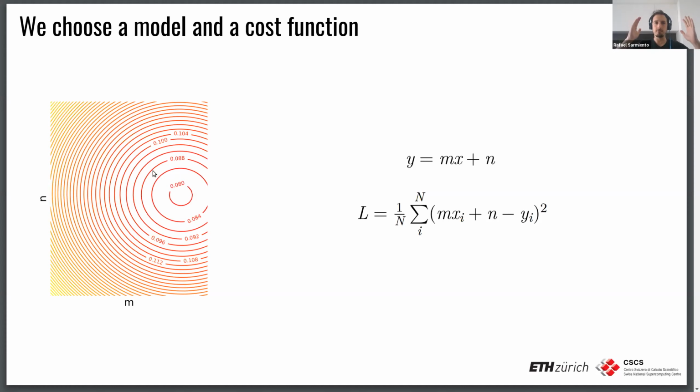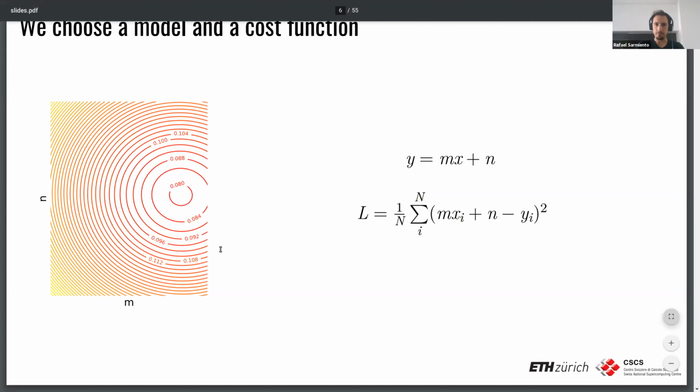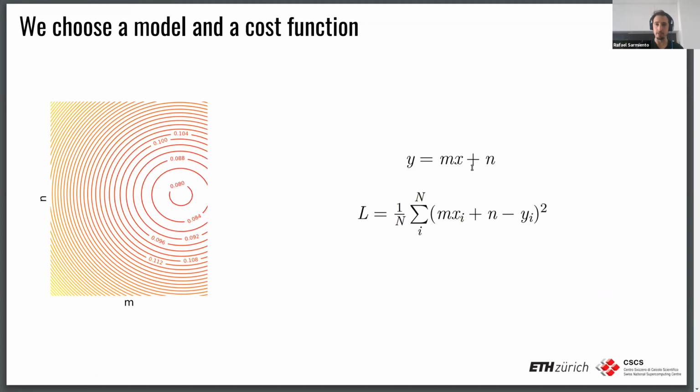So you get something that is very high here, and at the end it is more flat. Okay, it's a parabola in 3D. The value in this direction is the loss, and then you have m and n. Okay, the offset and the slope.